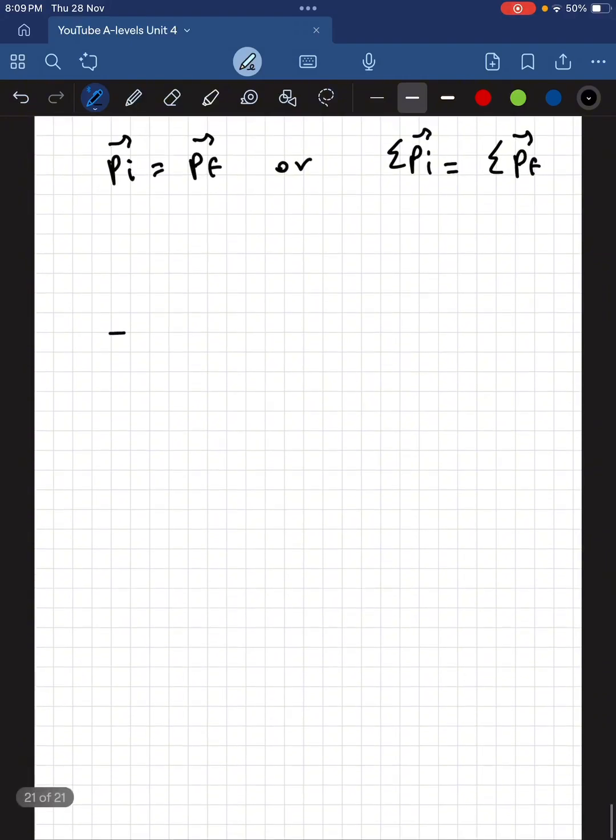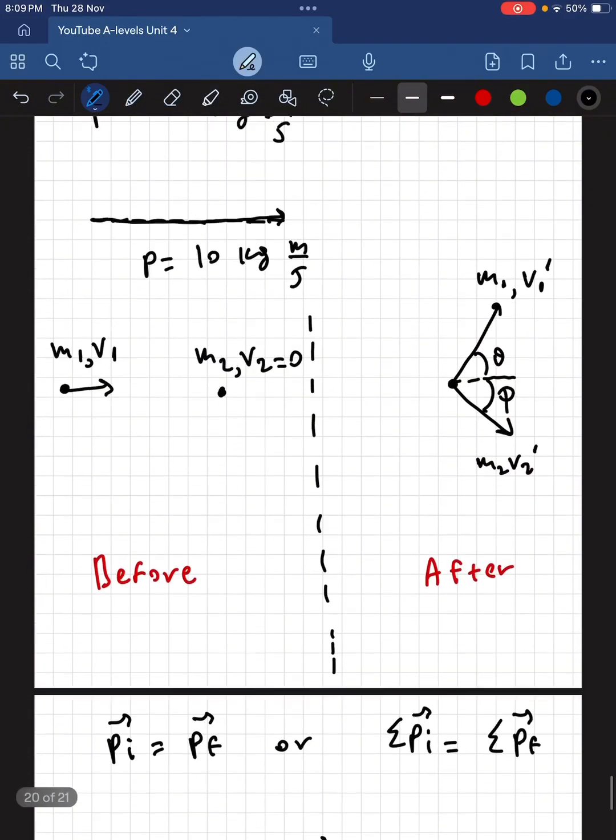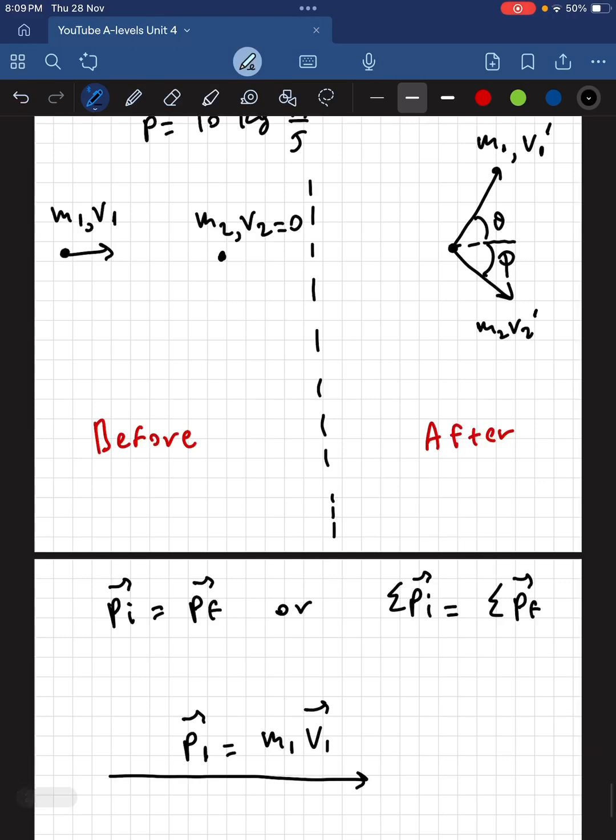So how are we going to do this? Let's draw this, easy part. P1 is m1 v1. This is the vector representing the initial momentum. Afterwards we have this one, which is P1 prime, and this one is P2 prime.